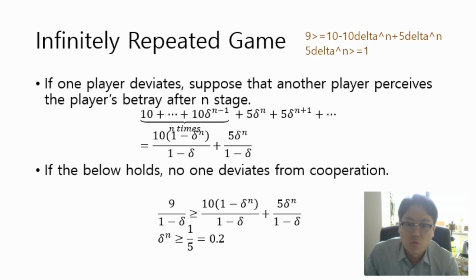So from here, if we reorganize this term, we get this. So if delta to the n is greater than or equal to 0.2, then they will keep cooperating. And because both play grim trigger strategies, once delta to the n is greater than 0.2, then this grim trigger strategy will be a Nash equilibrium, actually SPE.